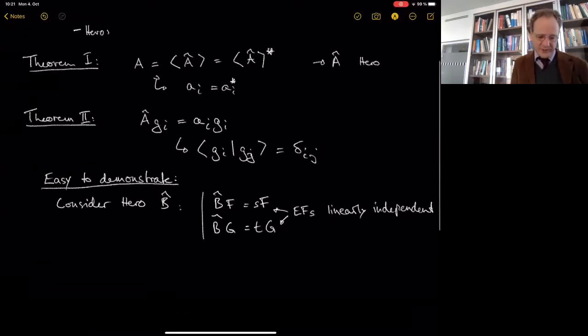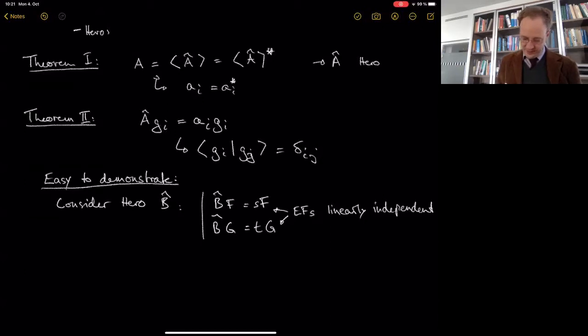Now we have to see if they are truly orthogonal. So this is the question.